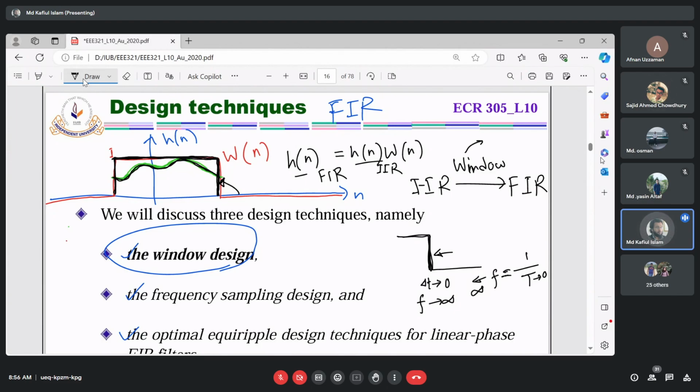So as long as it is within the window, you are not changing the values of your original impulse response, which means there is no change in the signal. Okay, so this is one advantage. For the rectangular window, one advantage is that it does not change the signal because it multiplies with 1 every time within the window, and outside the window obviously it multiplies with 0, so it makes sense. But the disadvantage is that it has high frequency content.